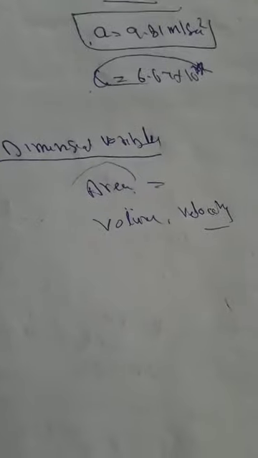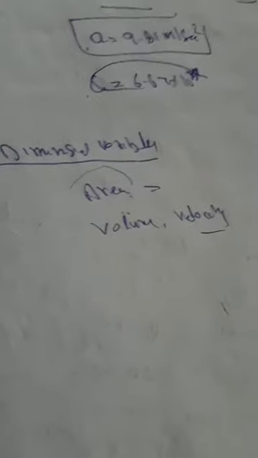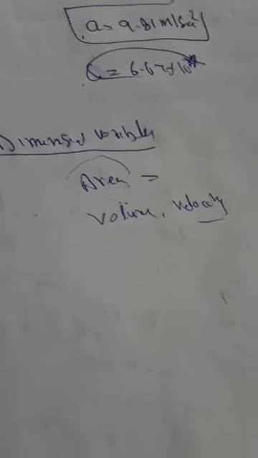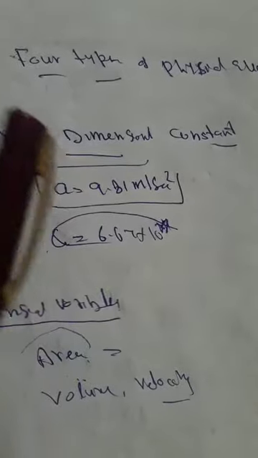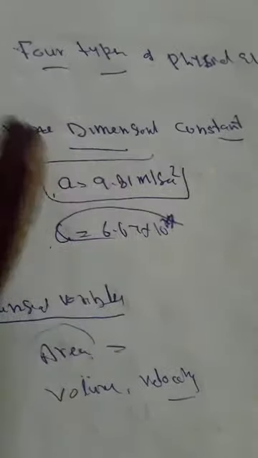Area, volume, velocity, these are such quantities which are having dimensional formula, but they do not possess the same value. Such quantities are called dimensional variable. That means on the basis of dimensional equation we can divide any physical quantity into four types. One is dimensional constant. There are some quantities which are having constant value, but even then they possess dimensions.